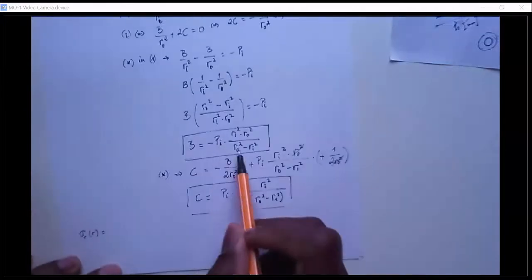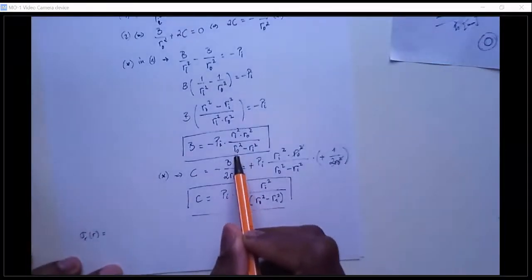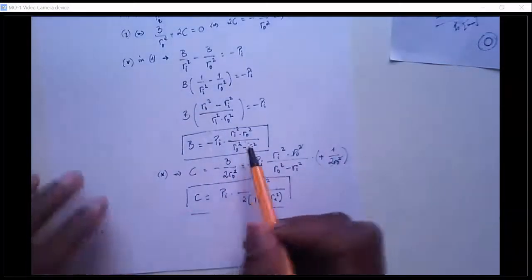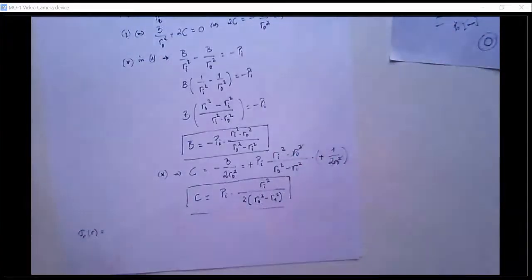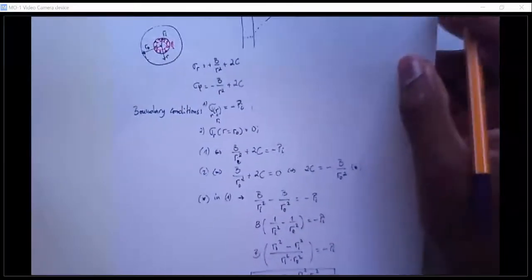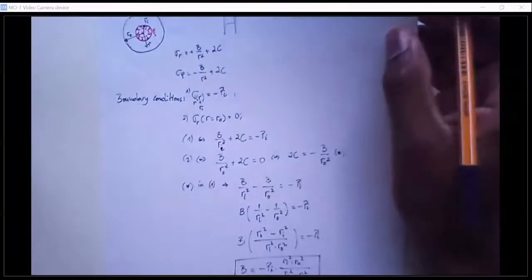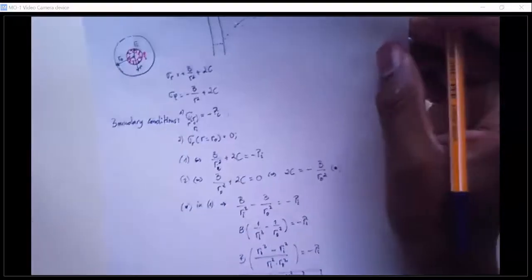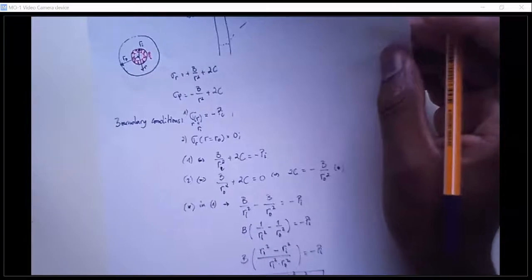Watch out, all the values here are known. The radius, the outer radius, the inner radius, those are given for a specific task. Pi is like the stress inside. If it's for water, we can just compute the water pressure, or it could be pressure coming from something else.